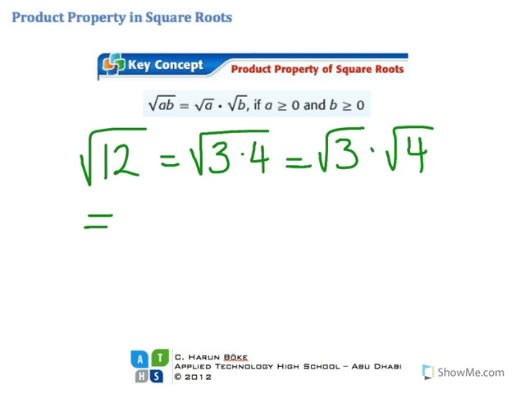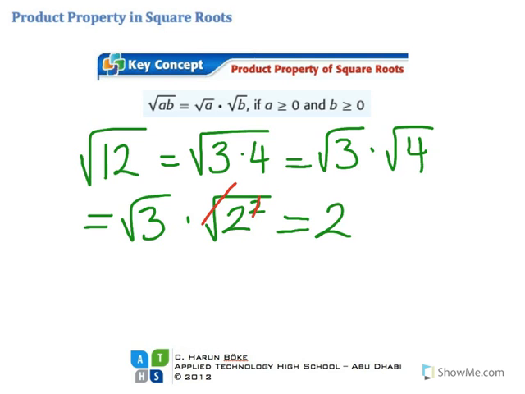We can write the square root of 3 times the square root of, well, 4 is 2 squared, right? So I can write 2 squared instead of 4. Now here, you cancel the square root and the square, so at the end you have the square root of 3 times 2, which we write 2 square root 3.